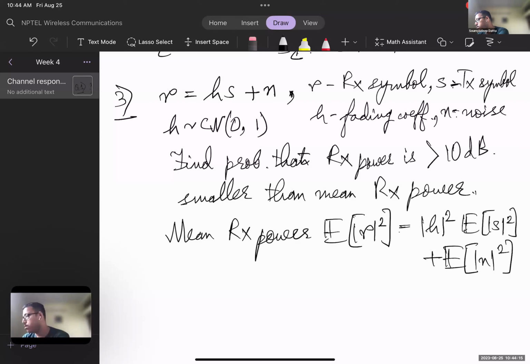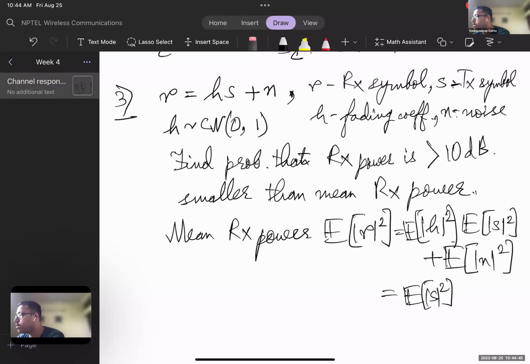So this is the mean received power, and I'll also take an expectation over the fading channel. We know that H is complex normal 0, comma 1. So I can just put it over here, and what I'll get is the expectation of S square plus the expectation of N square.